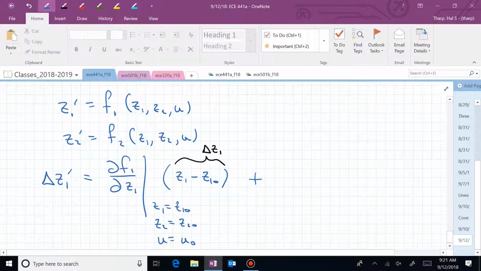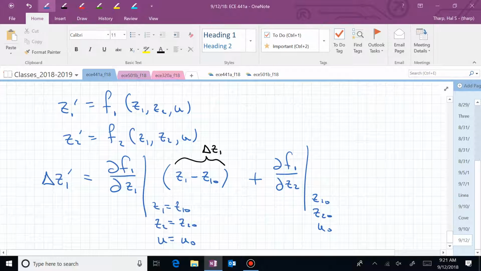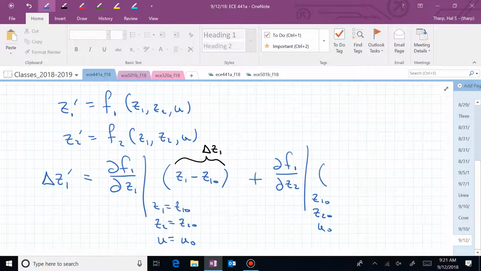equation, linearized. So I have the partial of f1 with respect to z sub 2 evaluated at, I'm just going to say z1 naught, z2 naught, u naught, times, what am I multiplying this by? The small variation around what component? z1, z2, or u?